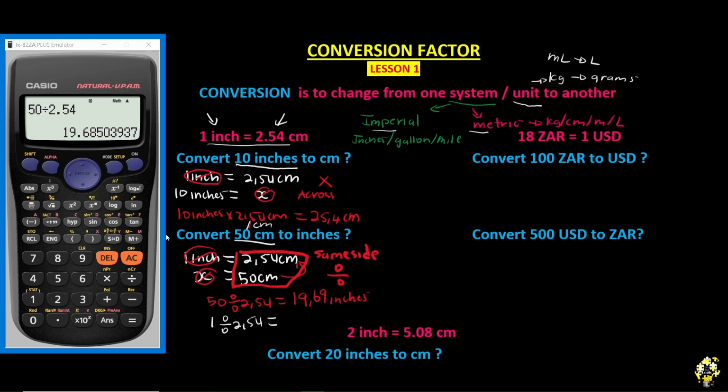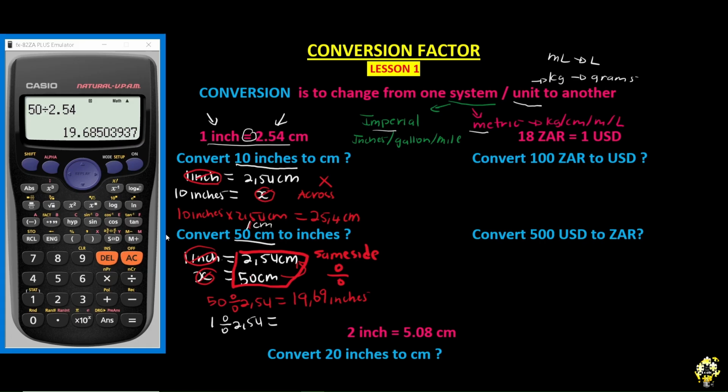Now, let's go to this one. By now, you understand a bit, you get where we are going. So again, what's the first step? Can you tell here it's 1 inch is equal to 2,54 centimeters? This simply means that we went from imperial to metric. It doesn't matter. Wherever there is an equal sign, it's telling you that what you have on your left and what you have on your right are equal.